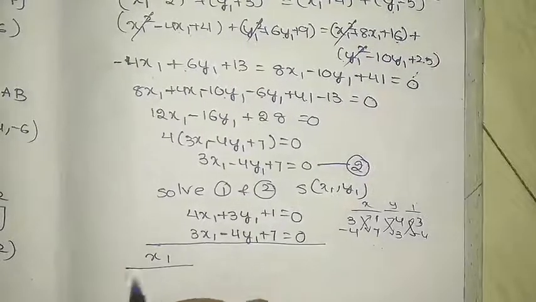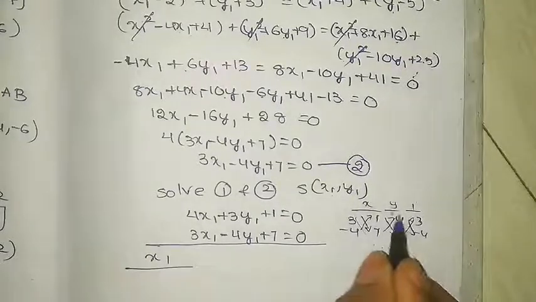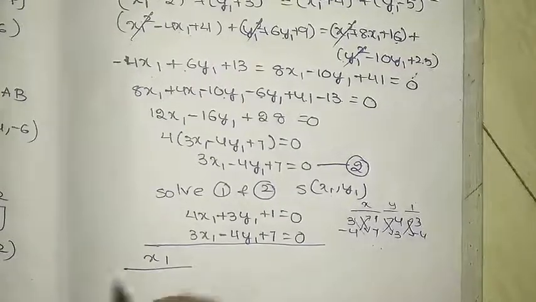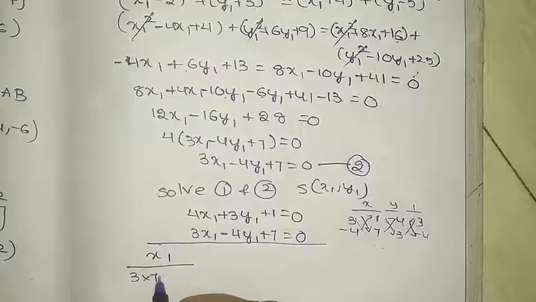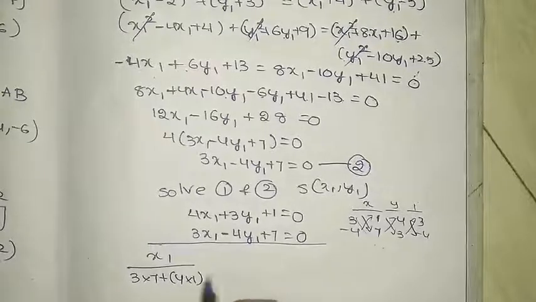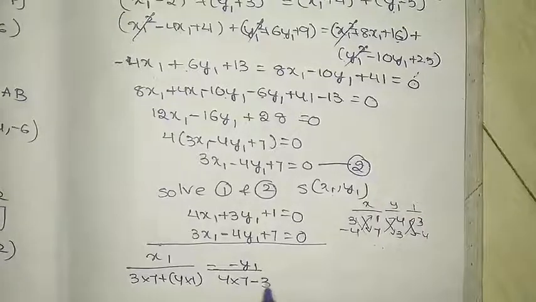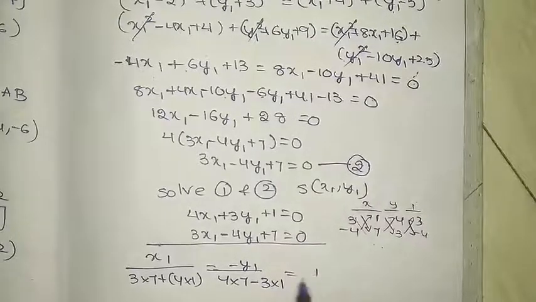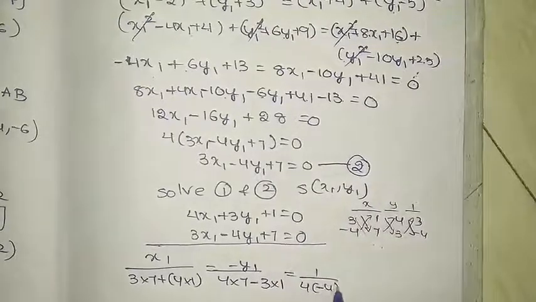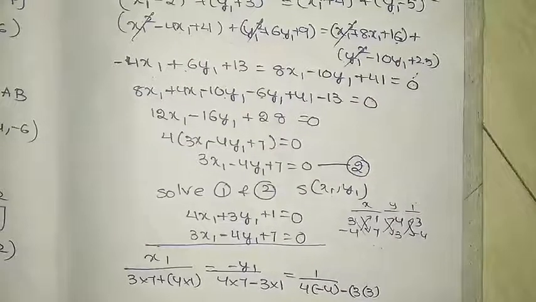So x1 by, we have to find the determinant of these, and the determinant of these. 3 into 7 plus 4 into 1 is equal to minus y1 by 4 into 7 minus 3 into 1, that is equal to 1 by minus 4 into minus 4, 3 into 3.